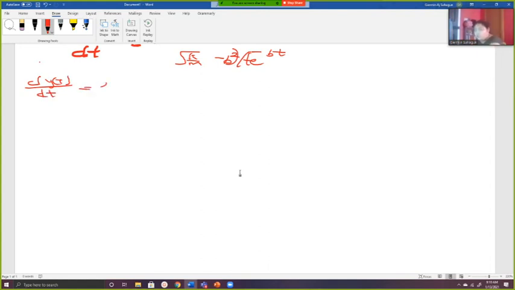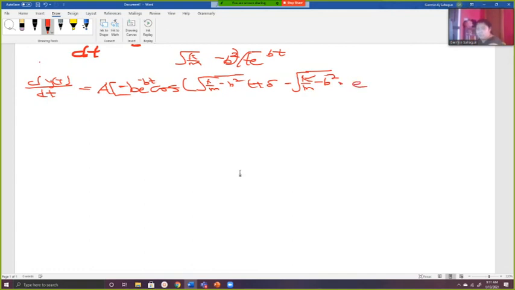I'll factor out a, so a times negative b e to the negative bt cosine of the square root of k over m minus b squared t, minus the square root of k over m minus b squared times e to the negative bt, and then multiplied by sine of the square root of k over m minus b squared t. Yes.